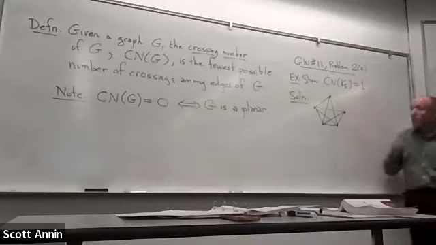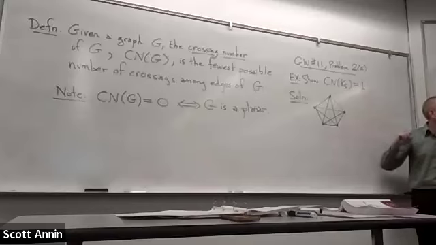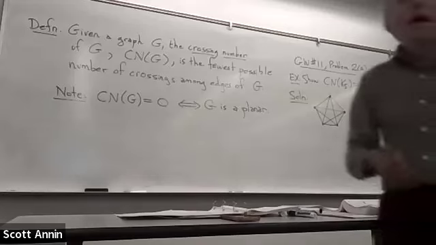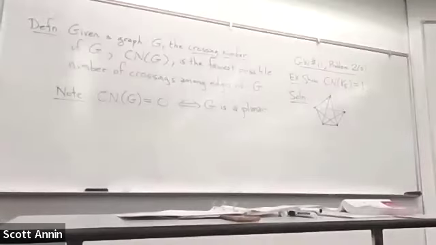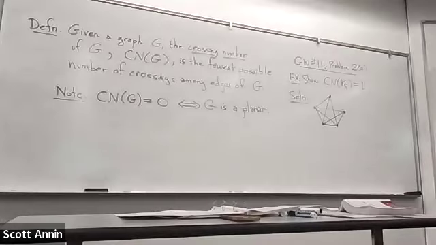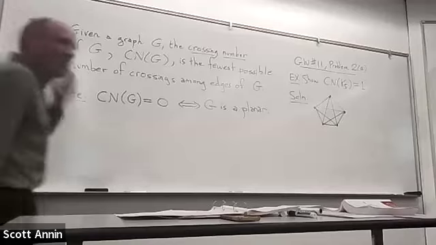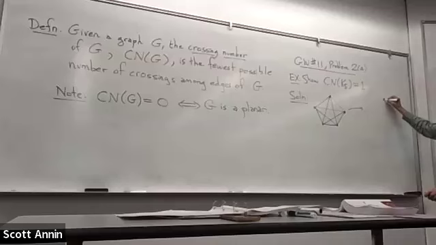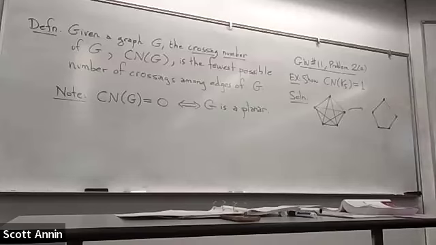So the smallest possible crossing number would be 1. If you could draw it with only one crossing, that would be game over, right? That would basically prove it because you've done the best you could. Can we do that here? Just to see if we can do it. I'm going to leave the pentagon the way it was. I might have even shown you this before.